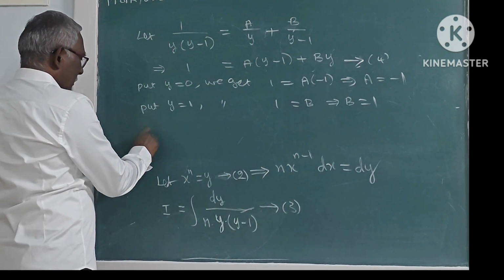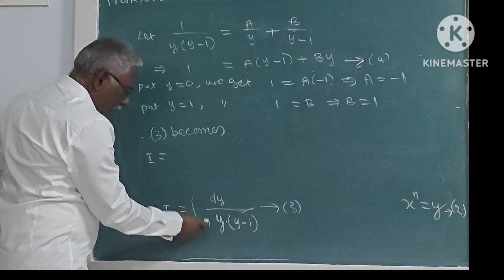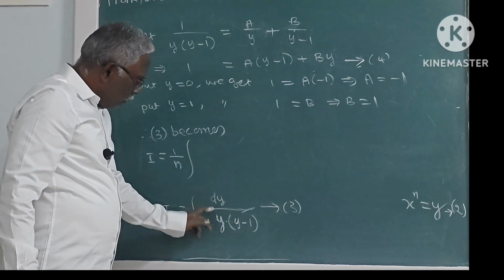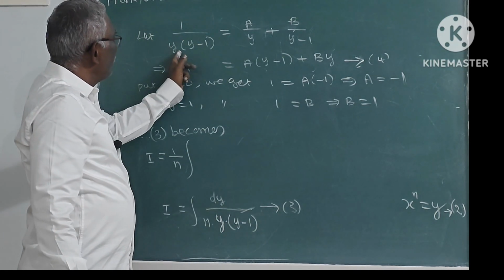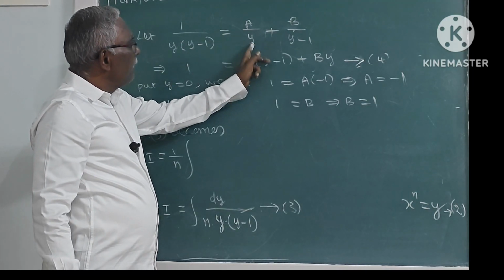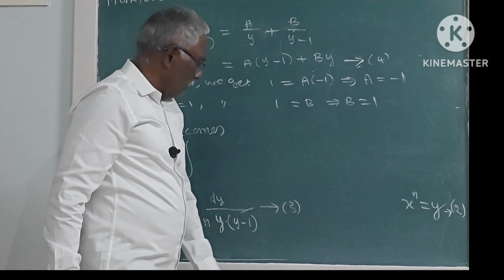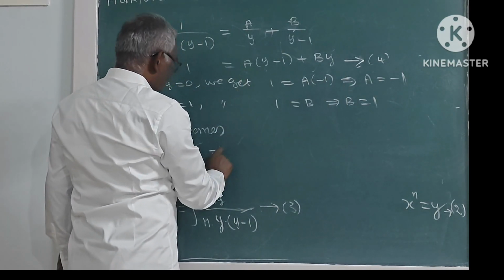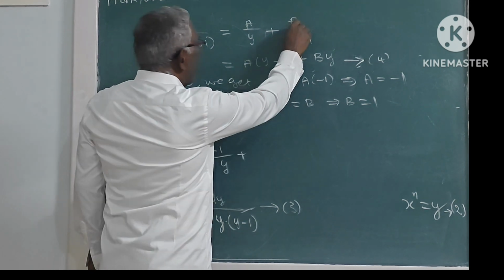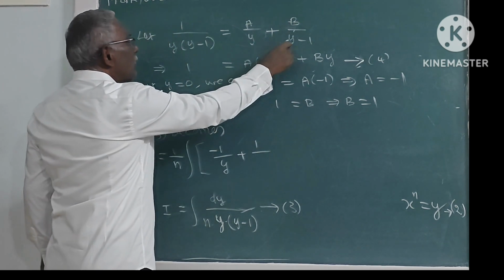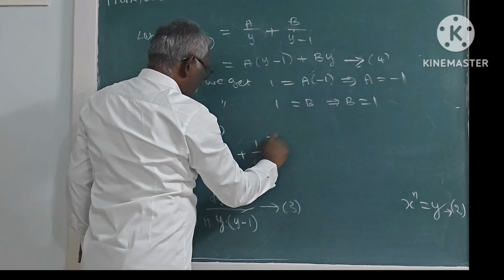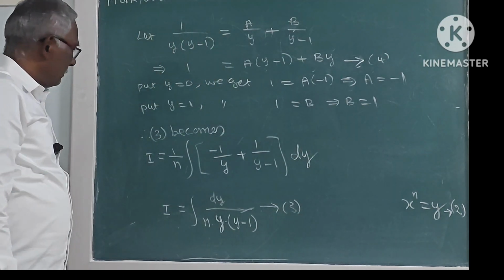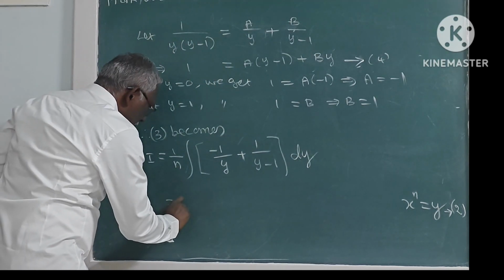Therefore, this n I will take outside, 1 by n integral 1 over y into y minus 1, that is nothing but a by y plus b by y minus 1. So we can write here a is minus 1, so minus 1 by y plus b is 1 by y minus 1, then this dy comes here. Now we can write this as 1 by n.